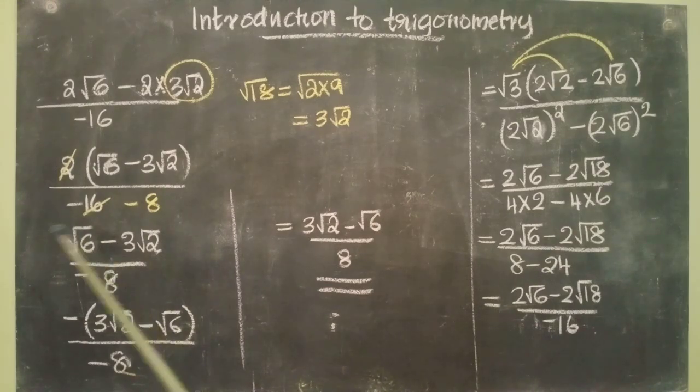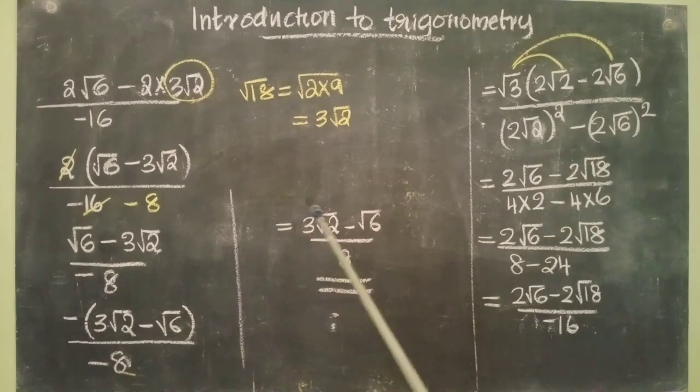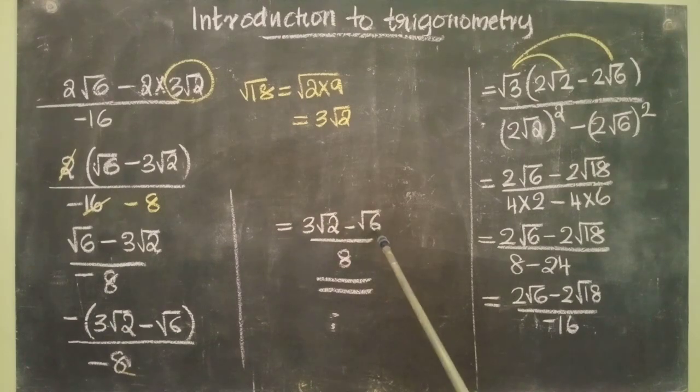That means if I take negative sign outside, this sign will be changed. Minus 3 root 2 will become positive 3 root 2. Positive root 6 will become minus root 6. So now let us cancel these negative signs from both numerator and denominator. We get (3 root 2 minus root 6) whole divided by 8.